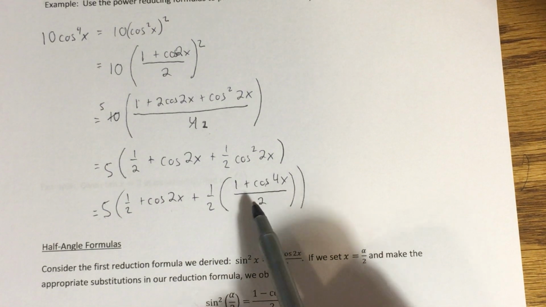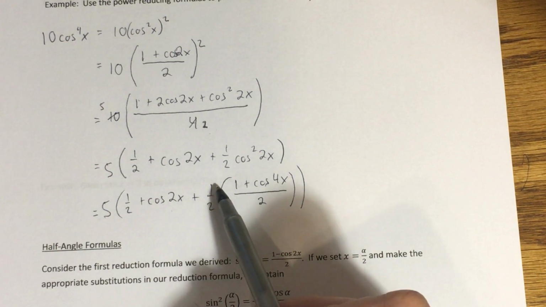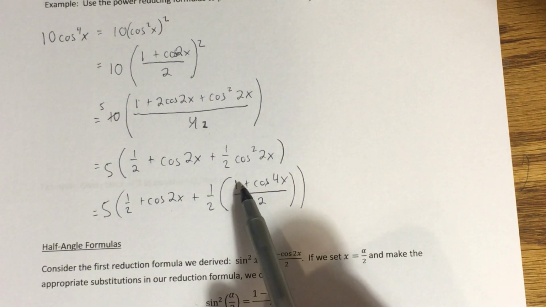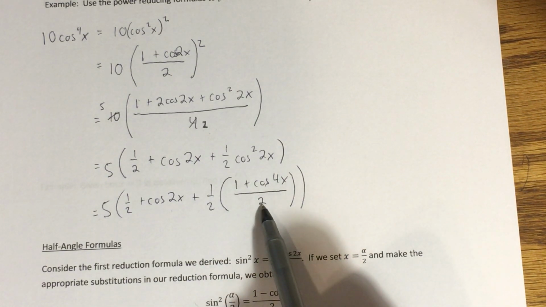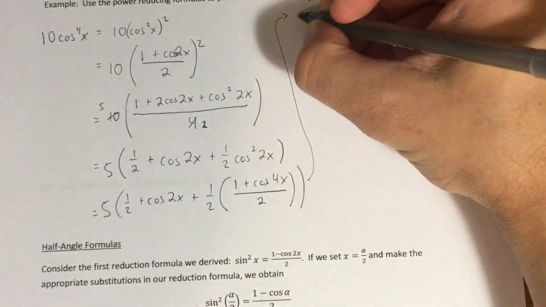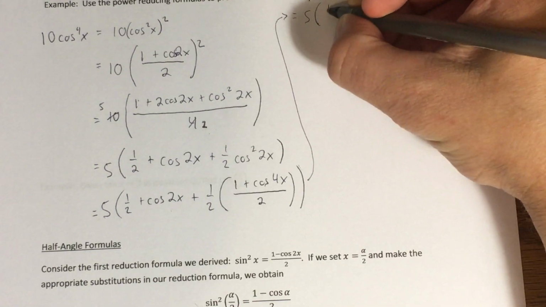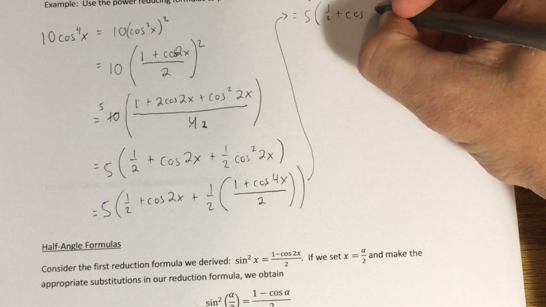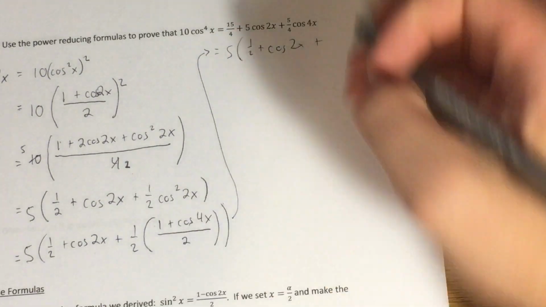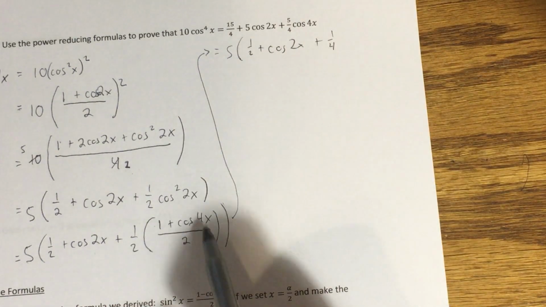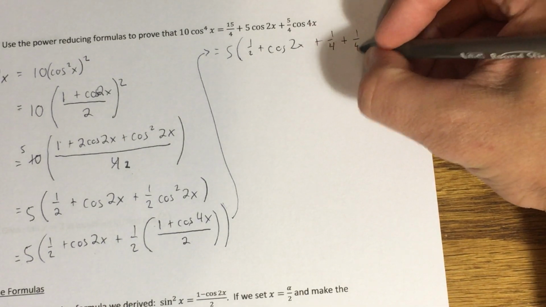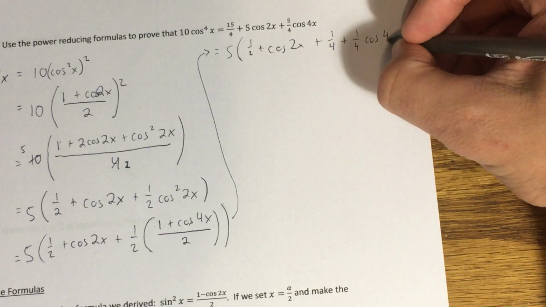So notice, first of all, if I were to multiply this 1/2 in, I would get 1 plus cosine of 4x over 4. And then if I separate that into 2 fractions, which I'll do up here, this is equal to 5 times 1/2 plus cosine of 2x plus, so this would be 1/4, and then this would be cosine of 4x over 4, which I could also write as 1/4 cosine of 4x.